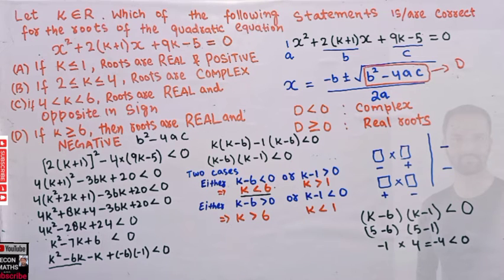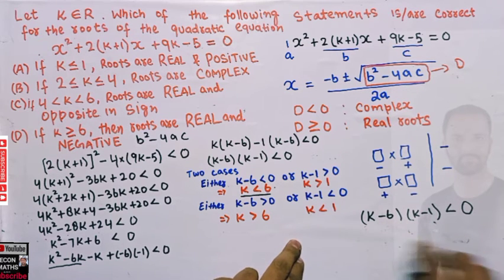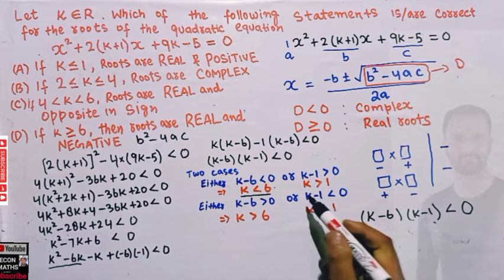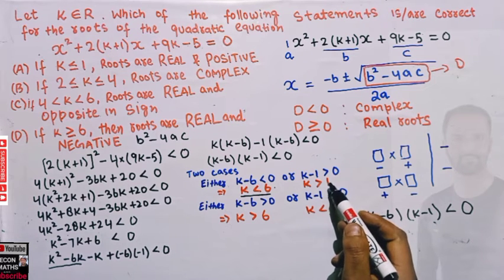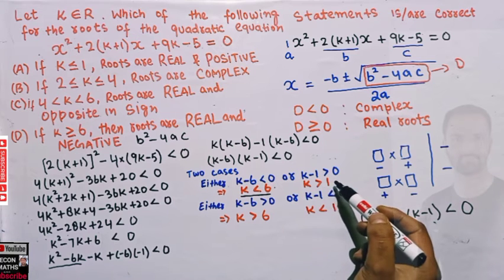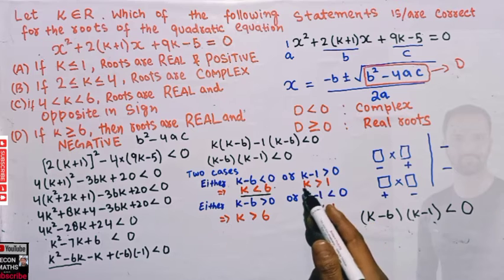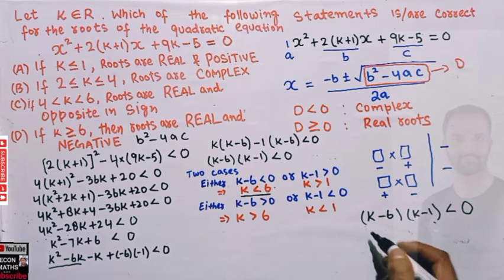Now coming to the next, k should be greater than 1. What is a number which is greater than 1? Let us say 2. When k is equal to 2, will this hold in the relationship?